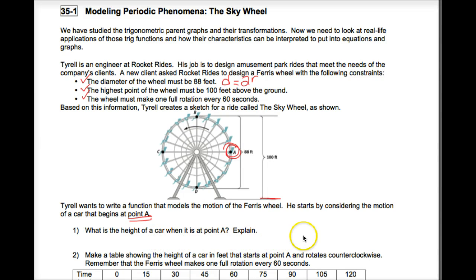All right, I am going to leave some awkward silence in here because you need to actually think through that. You can talk about it in your group if you want, but go ahead and determine what the height of the car is. Essentially right here, you need to determine what that height is and explain your answer. Take a couple minutes in your group to do that.